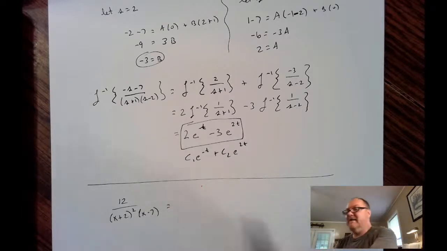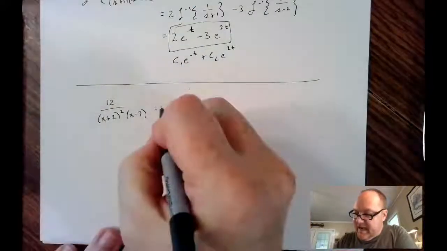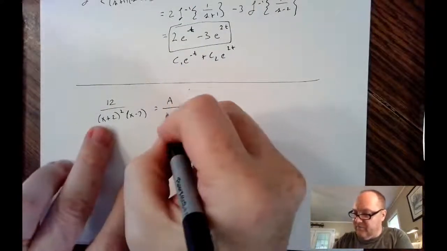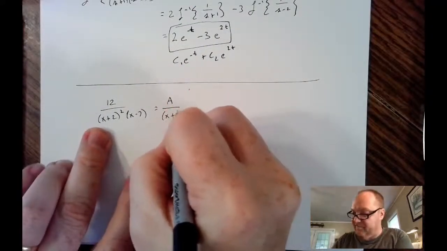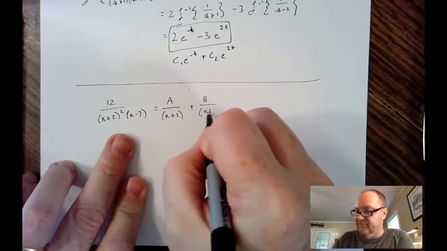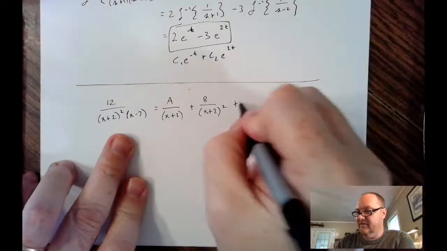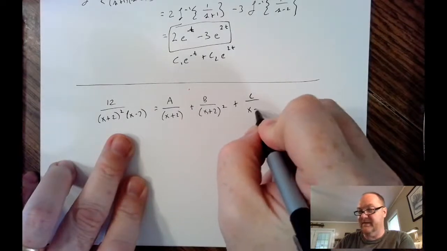If I was rewriting that as partial fractions, then I have an A over x plus 2 that I have to account for. It may not be there, but maybe. And then I might have 2 of those, so I need to deal with that a second time. And then the x minus 7 piece.